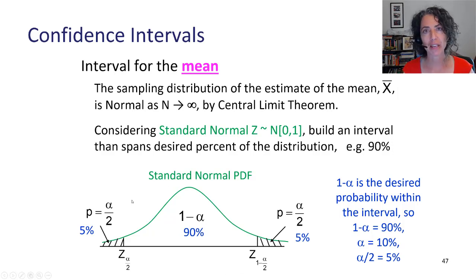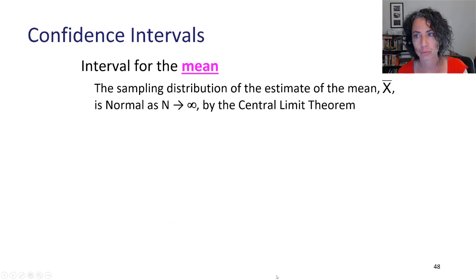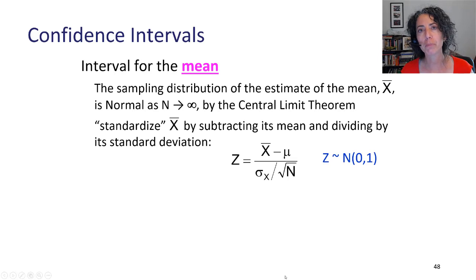That leaves alpha equals 10%, and we're going to knock the 5% off of either tail by noting where my standard normal z is equal to z5 and z95. Right? Now, to get a standard normal variable, we're going to take our normally distributed x bar, subtract its mean, and divide by its standard deviation, to leave ourselves a mean of 0 and a standard deviation of 1.